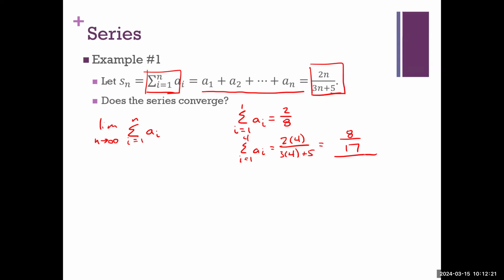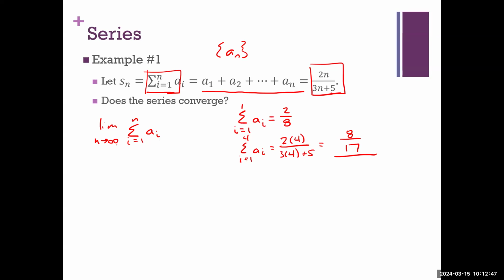That's what I wanted to make sure we're set on: 8 over 17 is not the fourth term of this sequence a sub n. It is the sum of the first 4 terms in that sequence. I don't know exactly what the terms are, but we know that the sum of the first 4 is 8 over 17. Any questions on that so far?